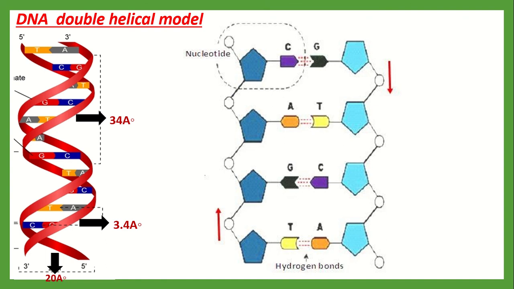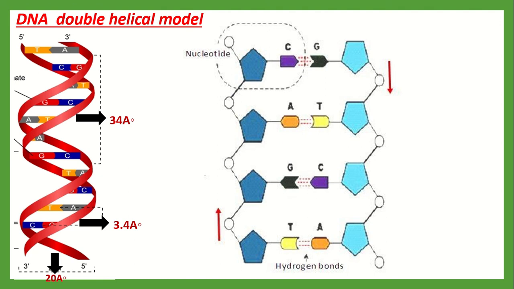So nitrogen bases project towards the axis of the helix. Each base forms hydrogen bonds with the one directly opposite it, forming base pairing. Adenine is always connected with thymine by 2 hydrogen bonds and guanine is always connected with cytosine by 3 hydrogen bonds.